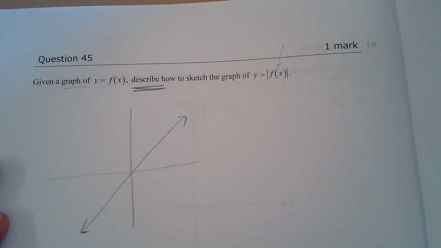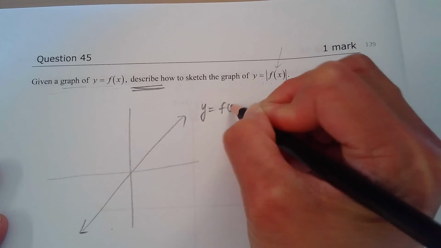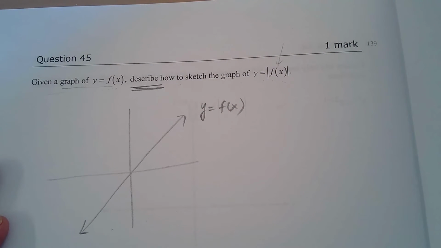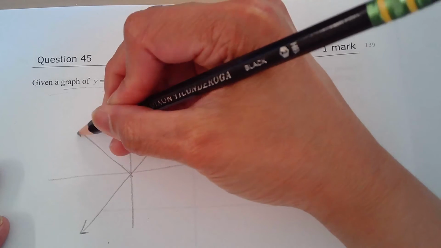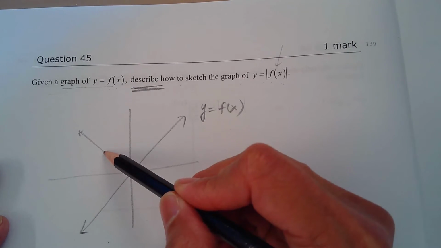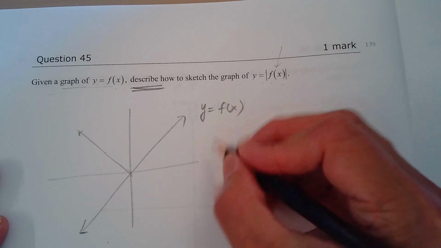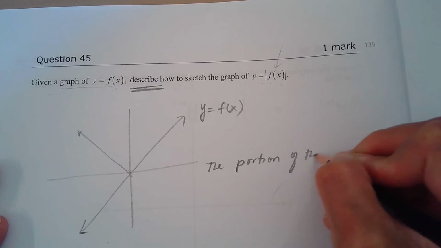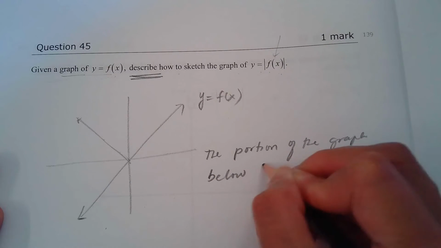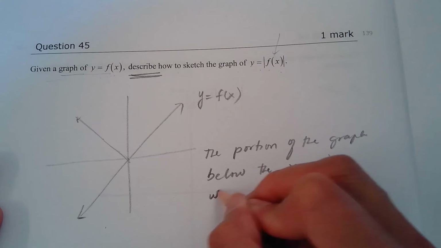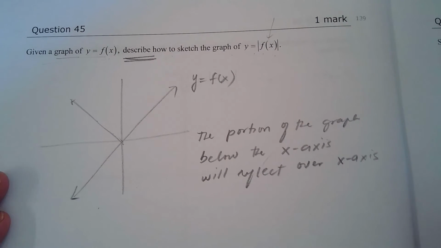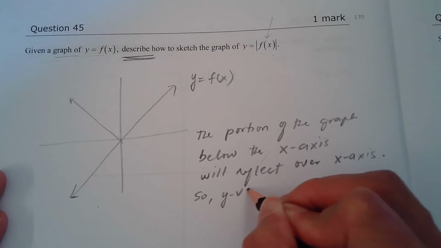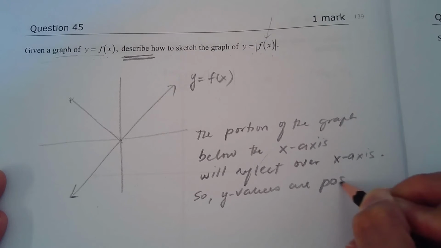Let's say this is y equals f of x. And we want to do the absolute value of that. What are we going to do? We take the negative part, and then what do we do? Flip it up. Reflect it up this way. Okay? We reflect the portion of the graph below the x-axis over the x-axis, so the y values are positive.